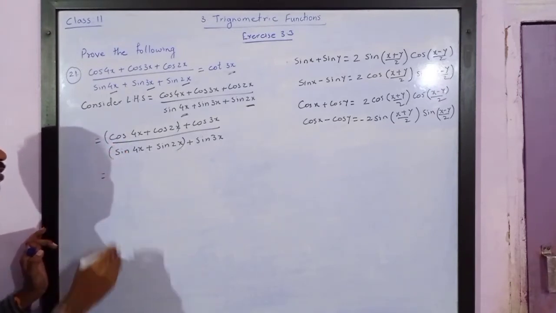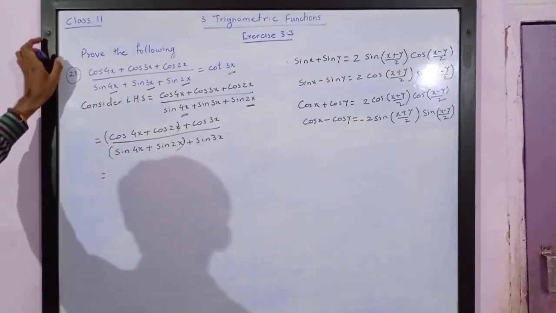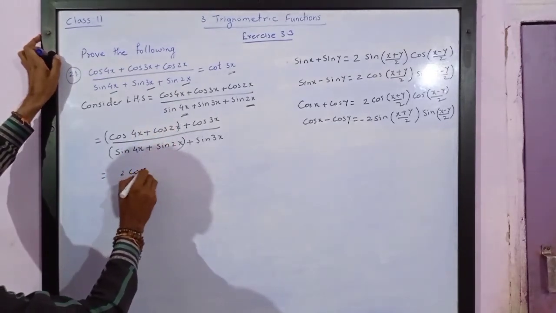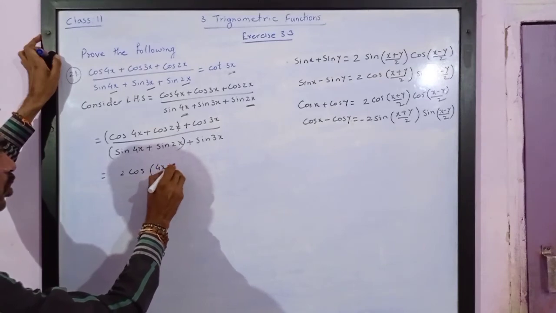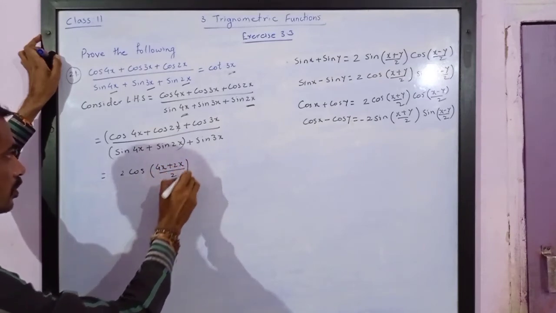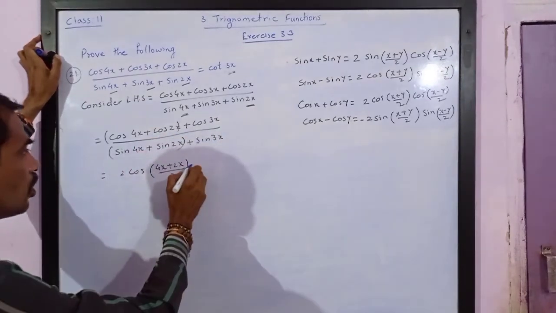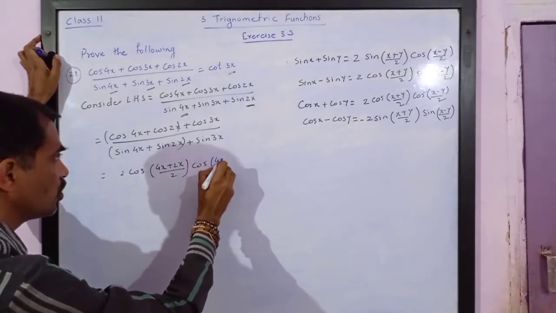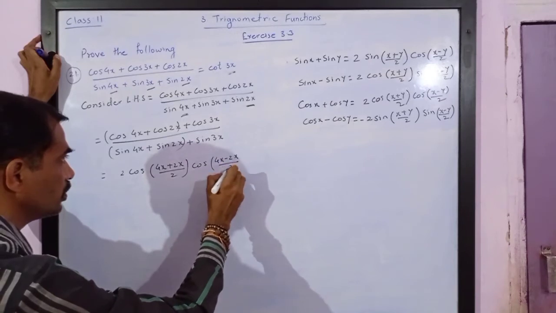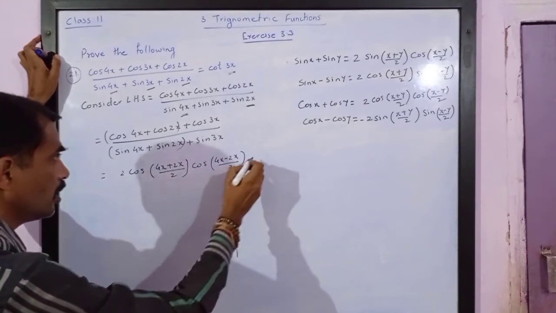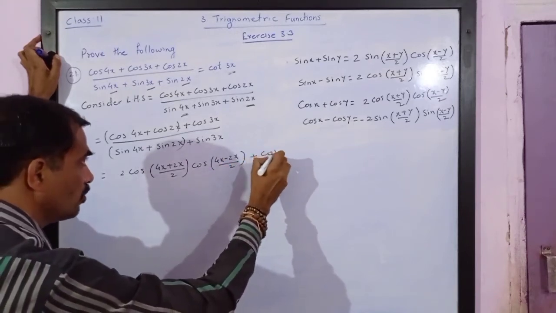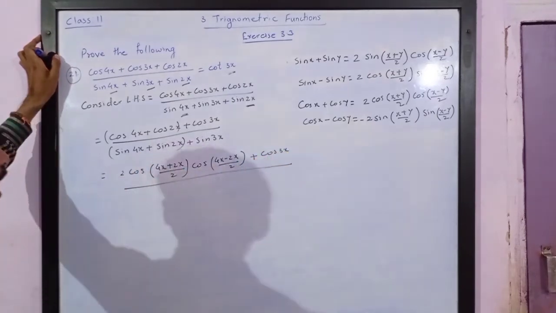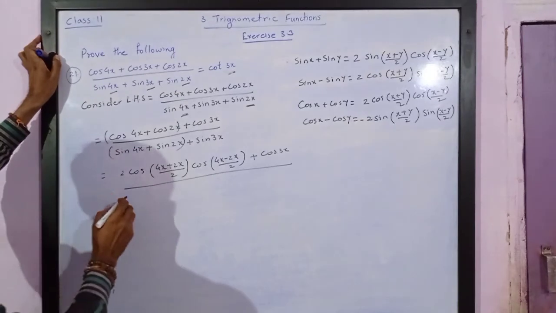So cos of 4x plus cos of 2x is equal to 2 times cos of 4x plus 2x upon 2 into cos of 4x minus 2x upon 2, and this cos of 3x as it is.